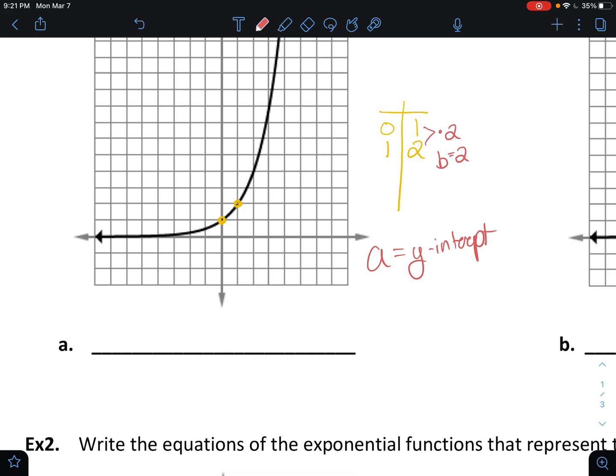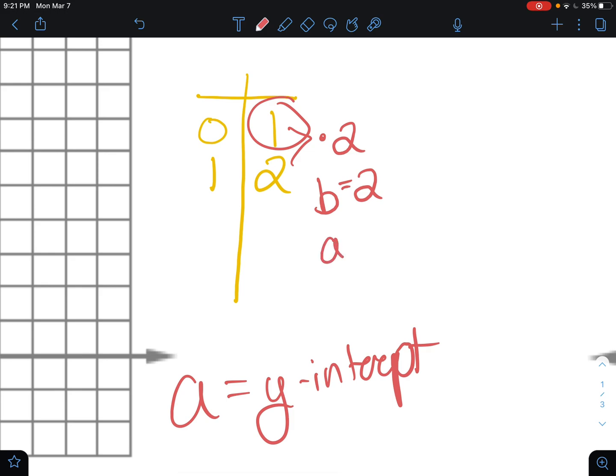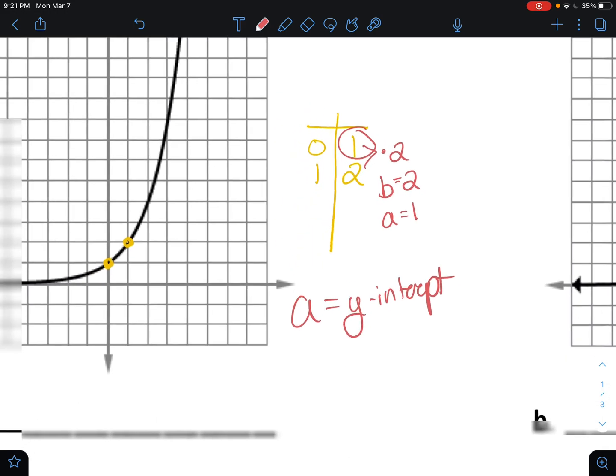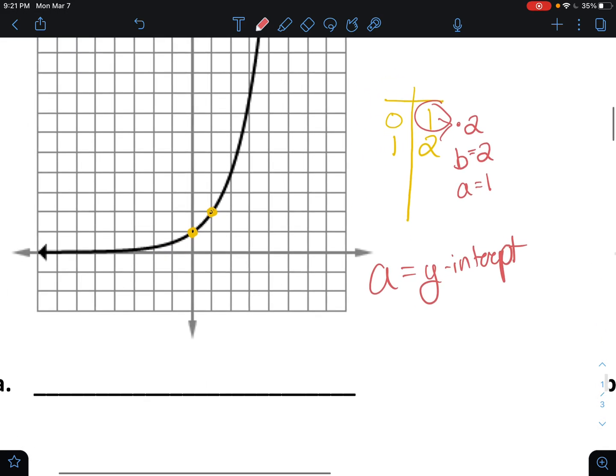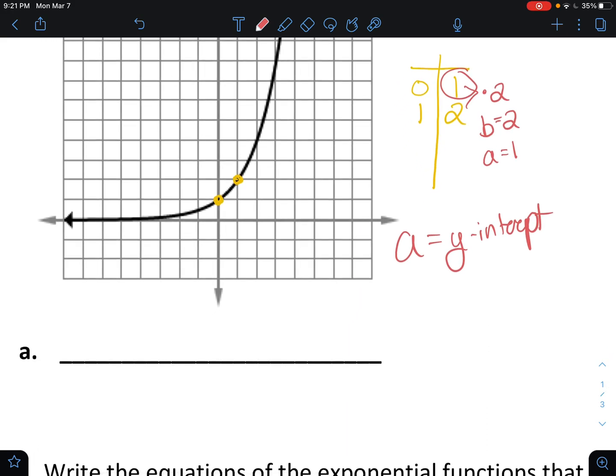So we know our a value here is going to be 1. So our b value is 2, our a value is 1. There's no shift up and down, so that means our asymptote is still at 0. So all we need is our a and our b. So we're going to have y equals 1 times 2 to the x, and we're done. There's no shift, so this is where you could write a plus 0 for the shift, but you don't need to.